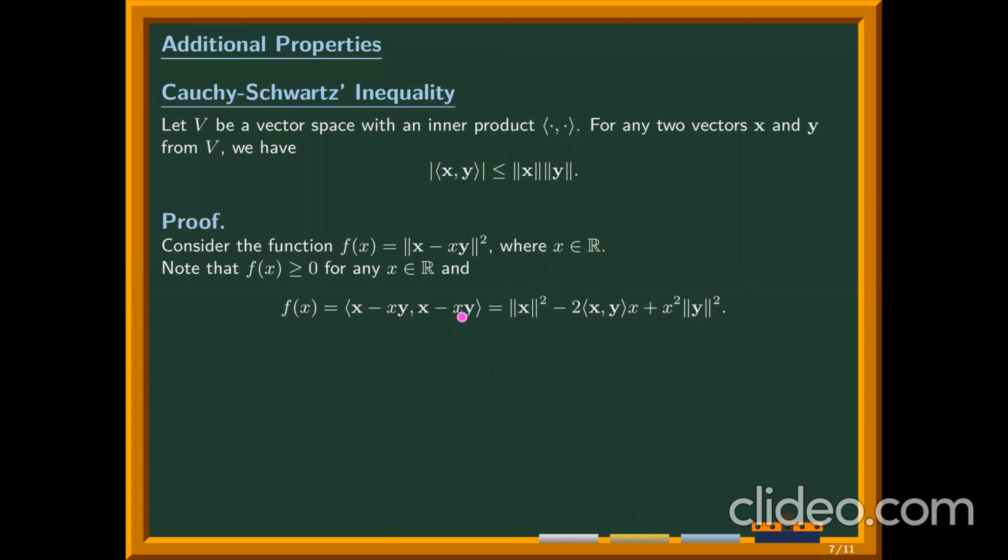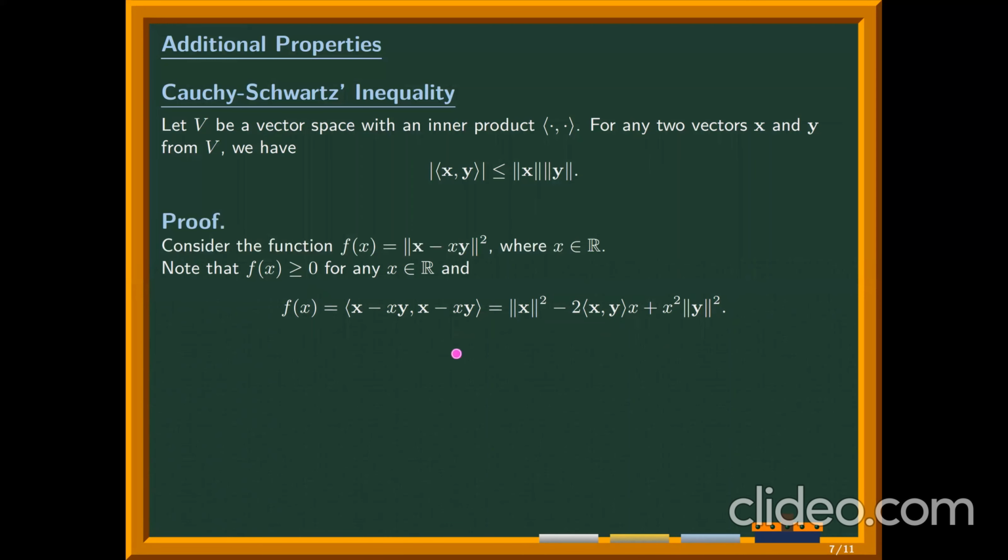So this computation shows that f is a non-negative real valued function which is quadratic. A quadratic function with coefficients the square of the magnitude of y, negative 2 times the inner product of x and y, and the square of the magnitude of x.